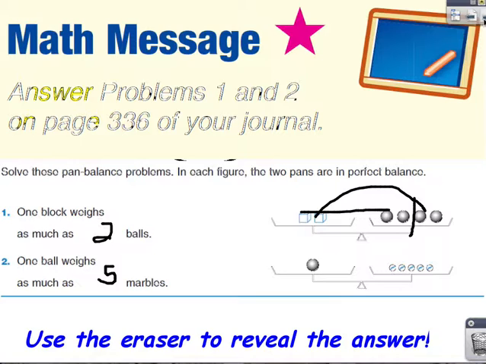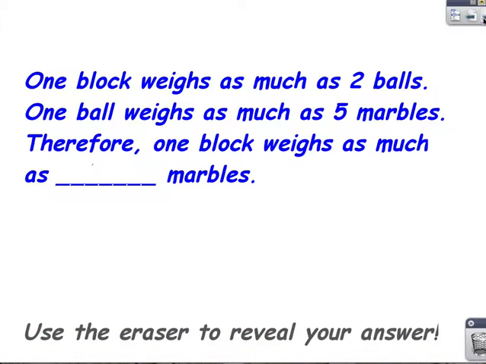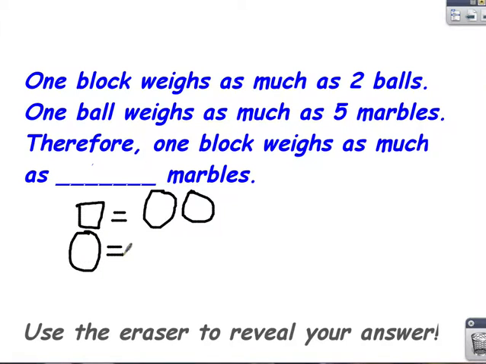Today we're going to get a little bit more complex, where you have to solve multiple things before you can get your final answer. Like here's an example. One block weighs as much as 2 balls. So a block is equal to 2 balls, and we'll make the balls a little bit bigger than our marbles. And then it says one ball is equal to 5 marbles, so we'll make those smaller.